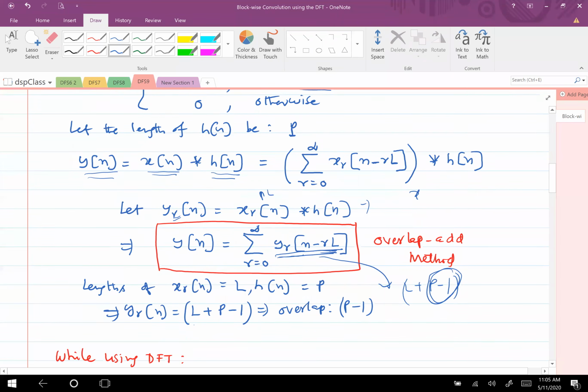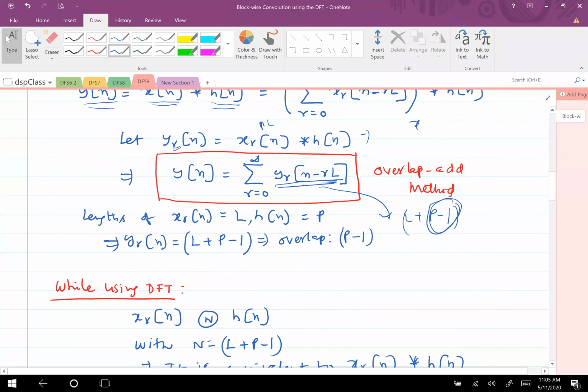But when you want to do it using the DFT, you already know that this length will be L plus P minus 1. So if you make your x subscript r of n and h of n of length L plus P minus 1, then you multiply their DFTs, take the inverse DFT and take one period of that, and that would be exactly equivalent to the result you get through linear convolution.